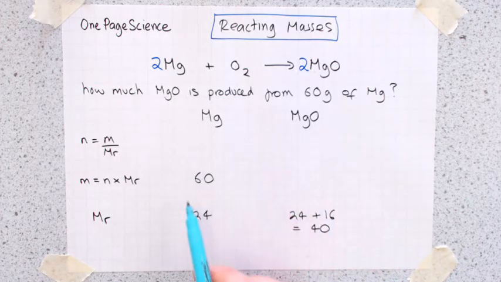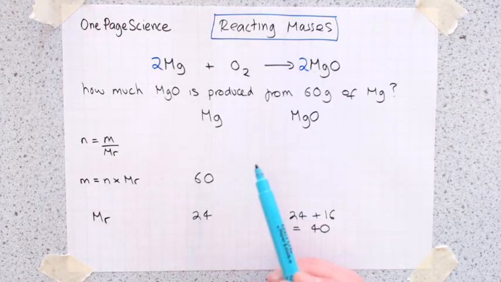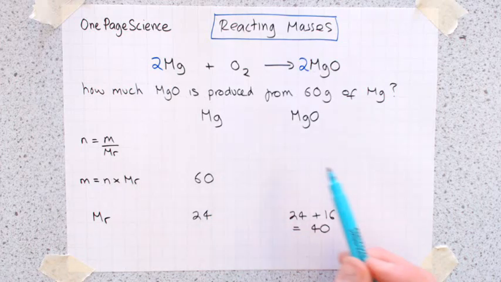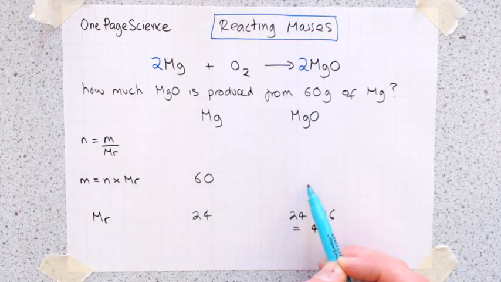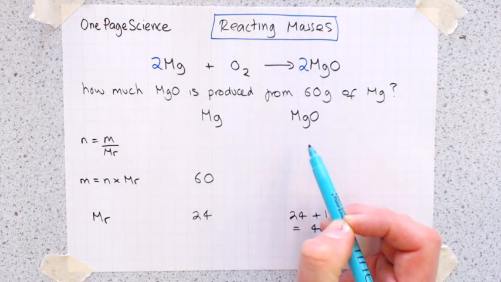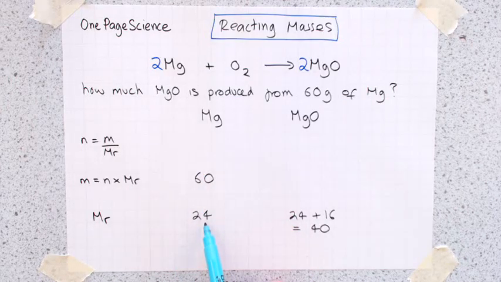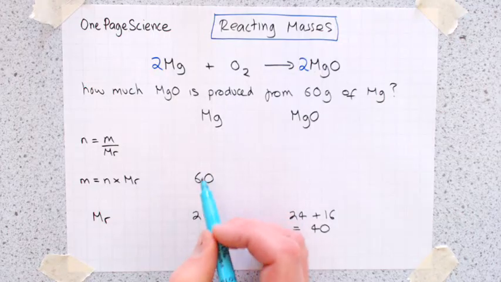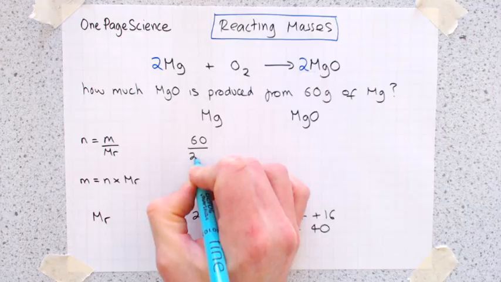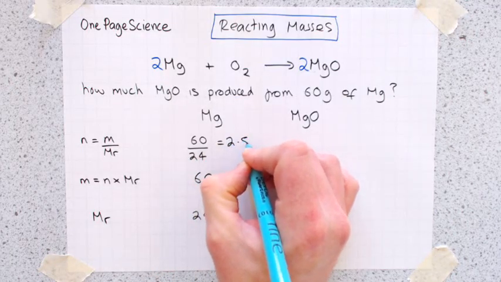Now the calculation we can do within this grid is, if we've got 3 rows, we need 2 bits of information in each column to be able to work out the third. Ultimately the number we're trying to work out is the mass of magnesium oxide, but we can't do that yet because we don't know how many moles of magnesium oxide. We can, however, work out the number of moles of magnesium because we know the mass and we know the Mr. Mass is 60, relative mass is 24, so 60 divided by 24 equals 2.5.